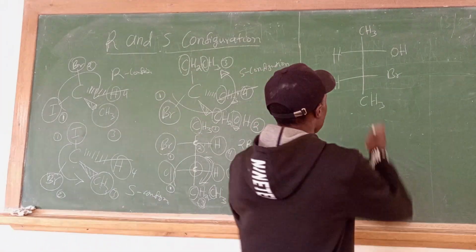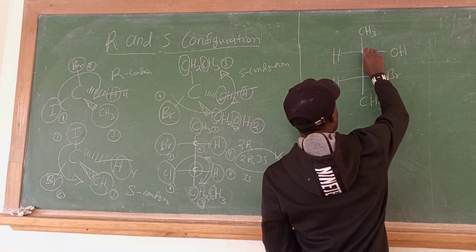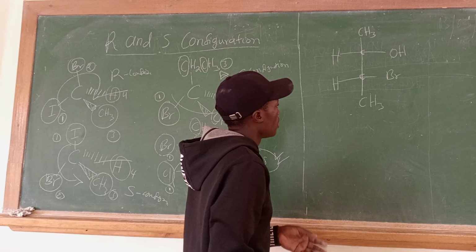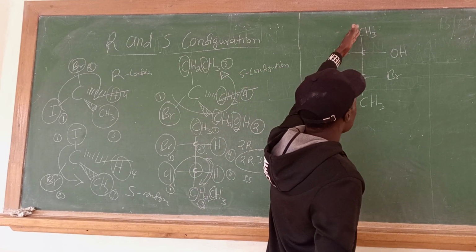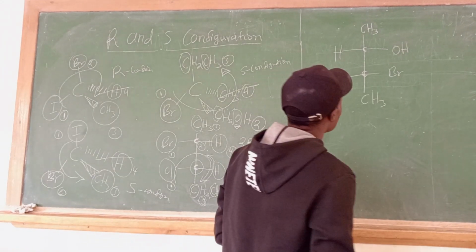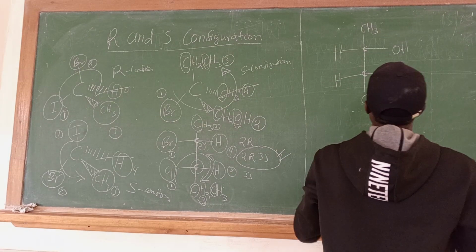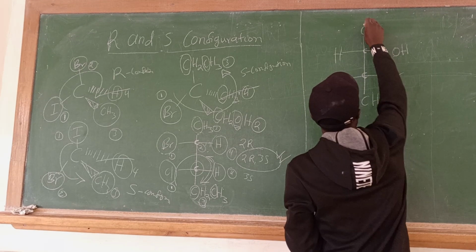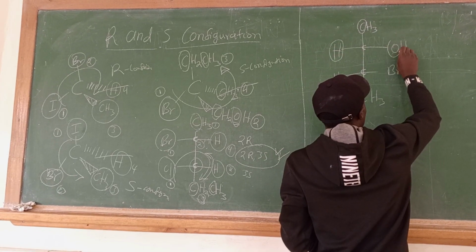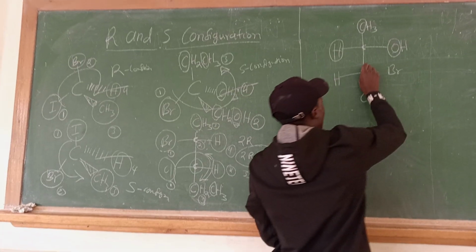Now, we have a carbon here, then we have a carbon here. Now, we are going to use the same formula. We have carbon number 1, carbon number 2, carbon number 3, and carbon number 4. Now, on carbon number 1, we have a carbon attached to it, we have hydrogen, you have oxygen, and you have this other carbon.